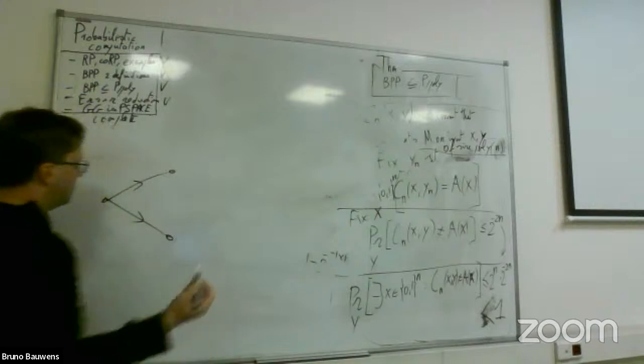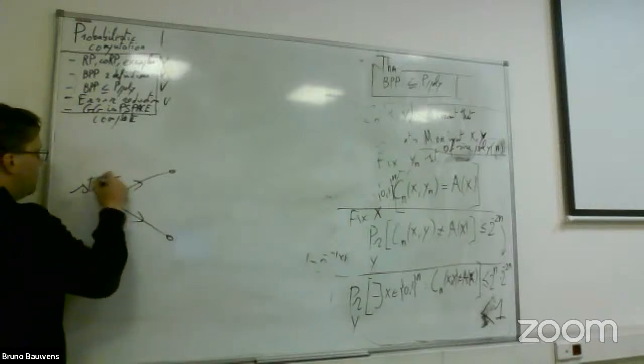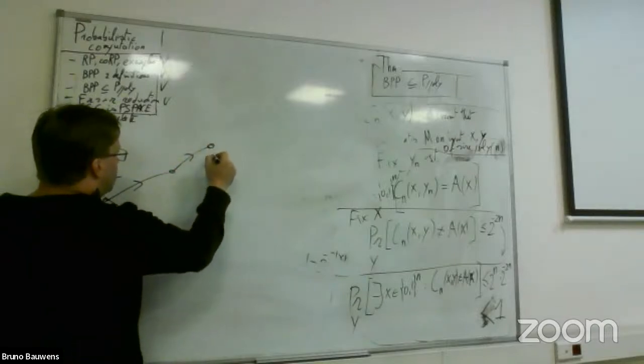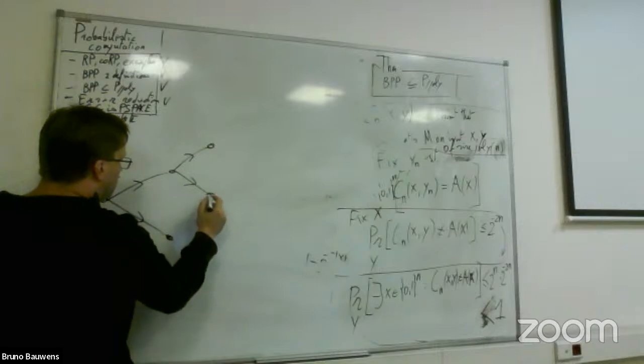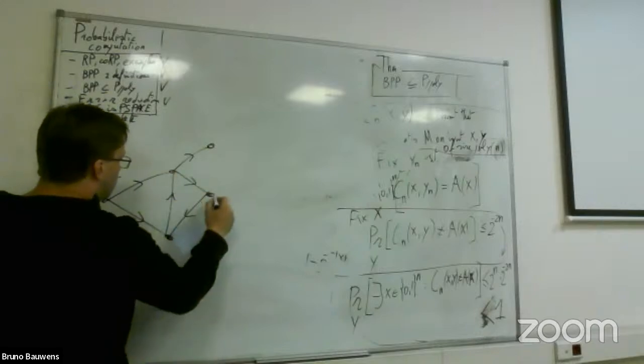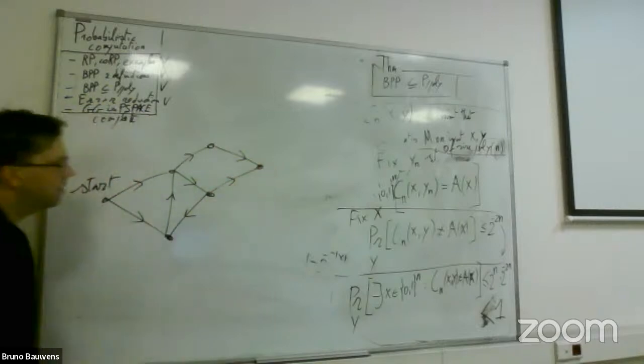So the input is a directed graph and a start node. So let us call this the start node. And then the players can choose, and it's allowed to have cycles. Something like this.